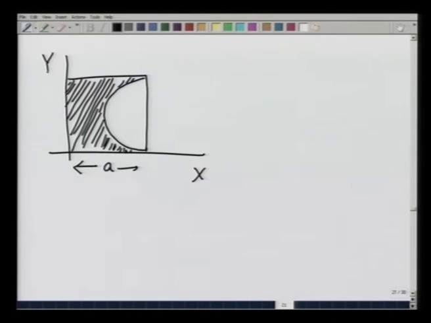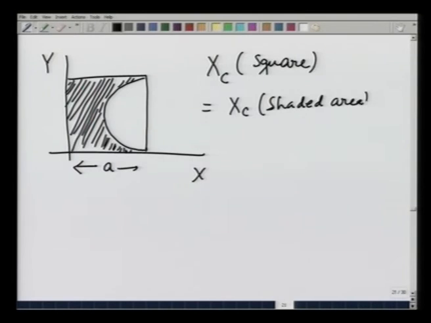Again I can use the same theorem, but in a different way, because now I am going to say that x c of the square, which I already know is right in the middle, is related to the x centroid of the shaded area plus the x centroid of the semicircle.